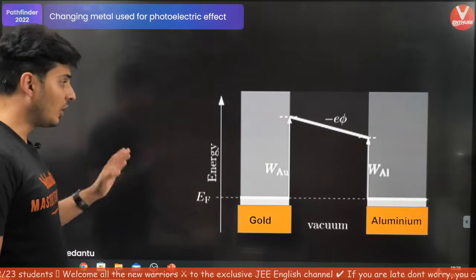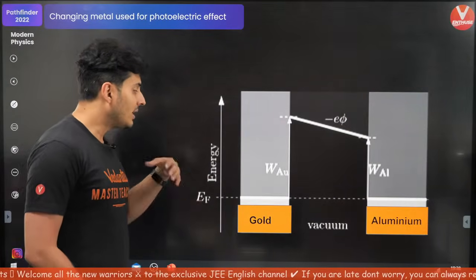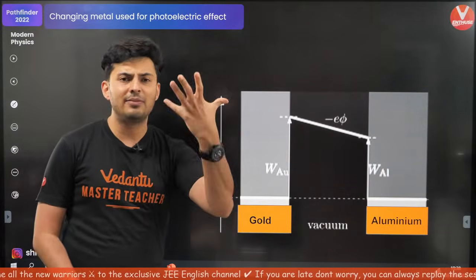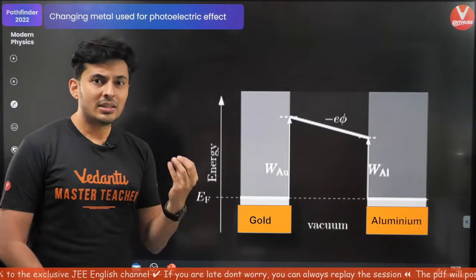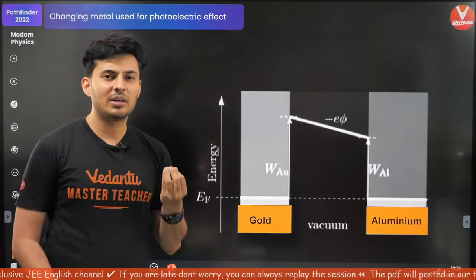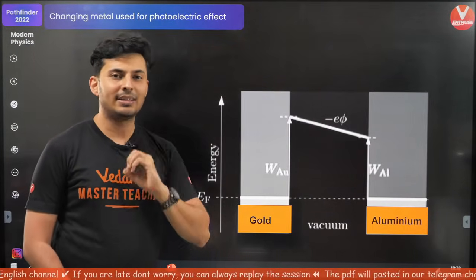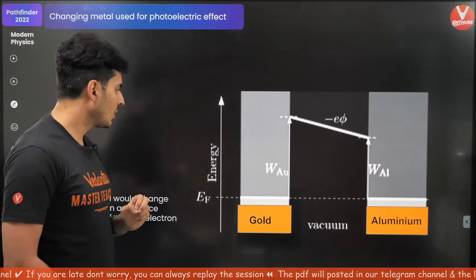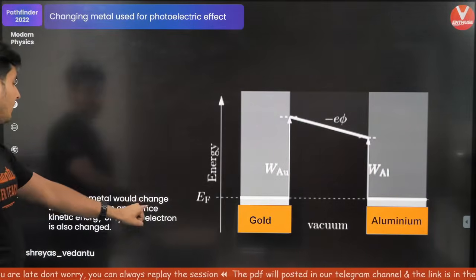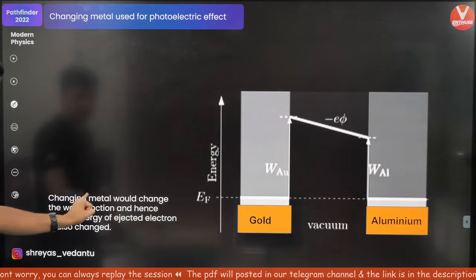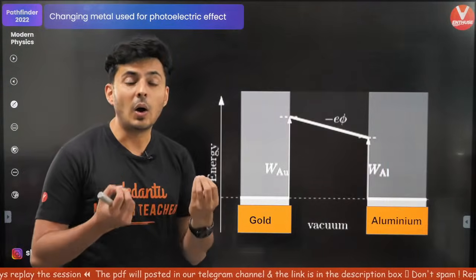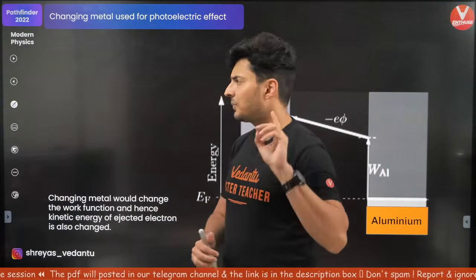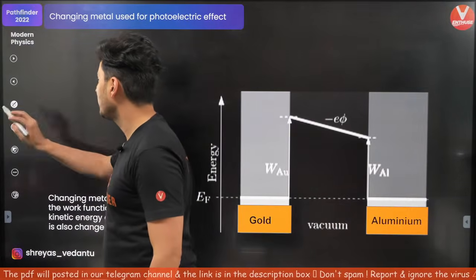Now, you should also realize that if something has more work function, then the amount of energy which is left for the electron will be less. Think about it. So it's very important. Changing the metallic surface will change the work function, and hence the kinetic energy of the ejected electron will also be different. I'll give you a simple example.